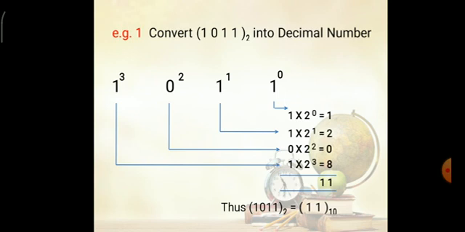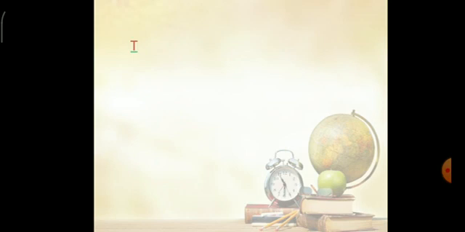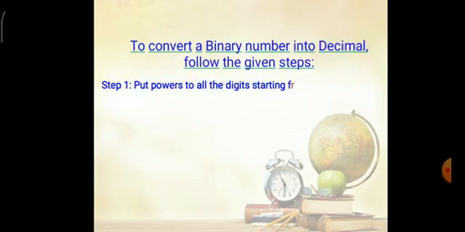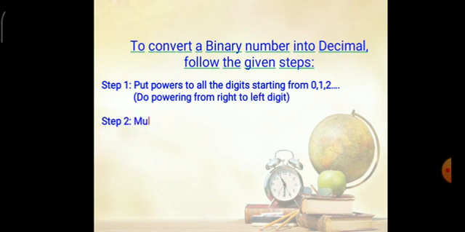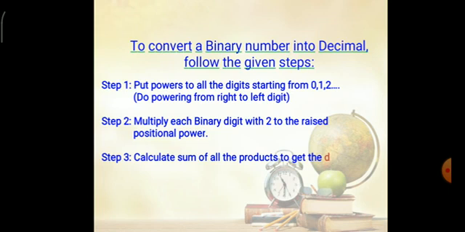Let's check the steps in writing. To convert a binary number into decimal, follow the given steps. Step 1. Put powers on all the digits starting from 0, 1, 2 and so on.